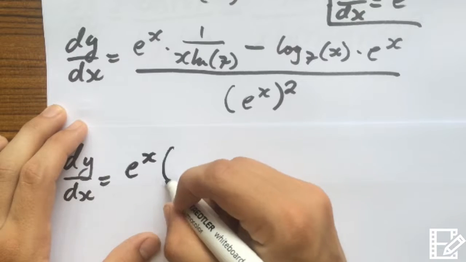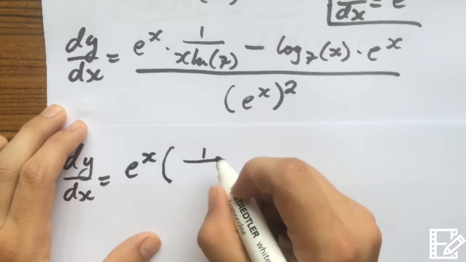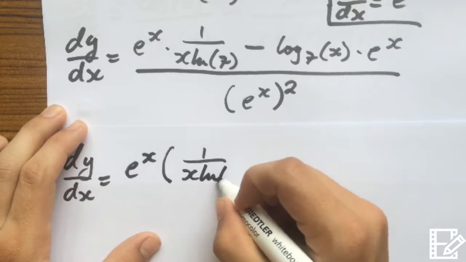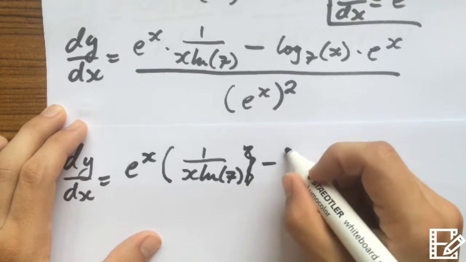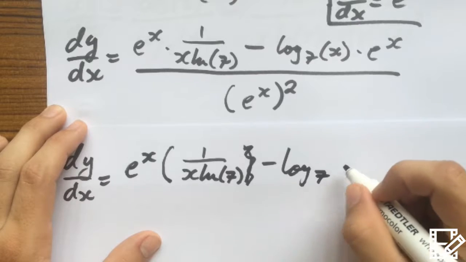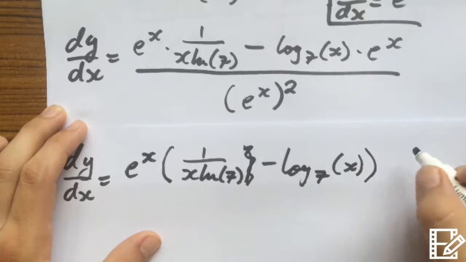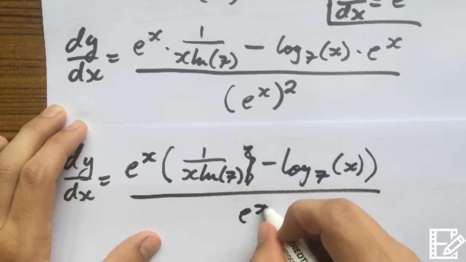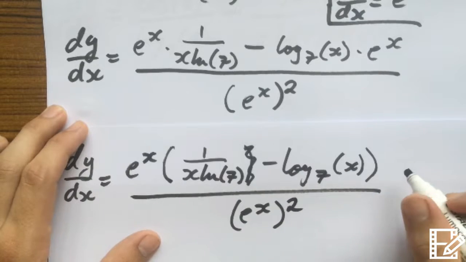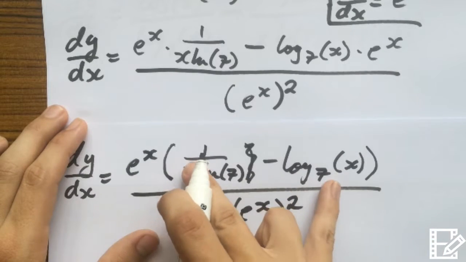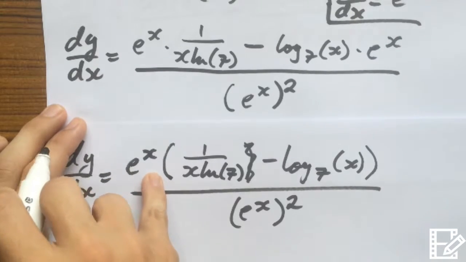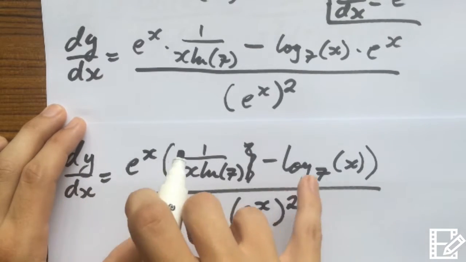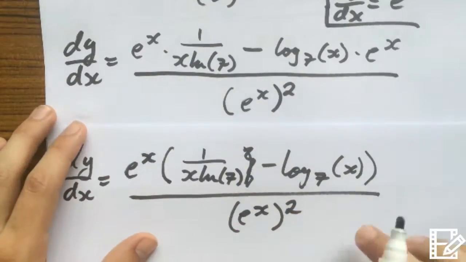E to the x, 1 over x ln 7 minus log to the base of 7x, all over e to the x squared. I've just factored it out, bringing it out from both sides and multiplying it. I'm multiplying e to the x to the whole thing, so if we were to expand these brackets we would get that.